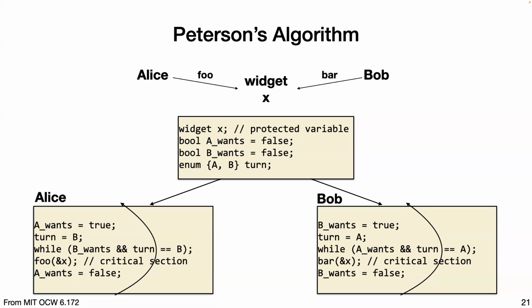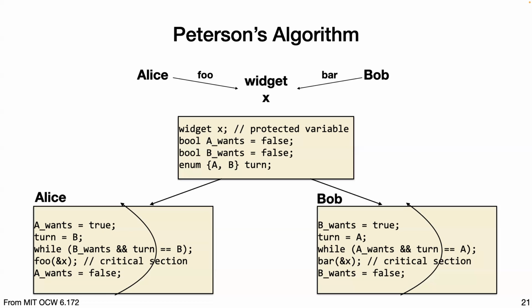A1 is true and turn is A, because Bob set turn to be A. So Bob has to wait because the turn is A. And then eventually Alice will get to go, and then she will continue, and turn goes to B. And then B wants is true and turn is B. But one of them has to be able to continue, because then turn becomes B, so Bob will keep going.